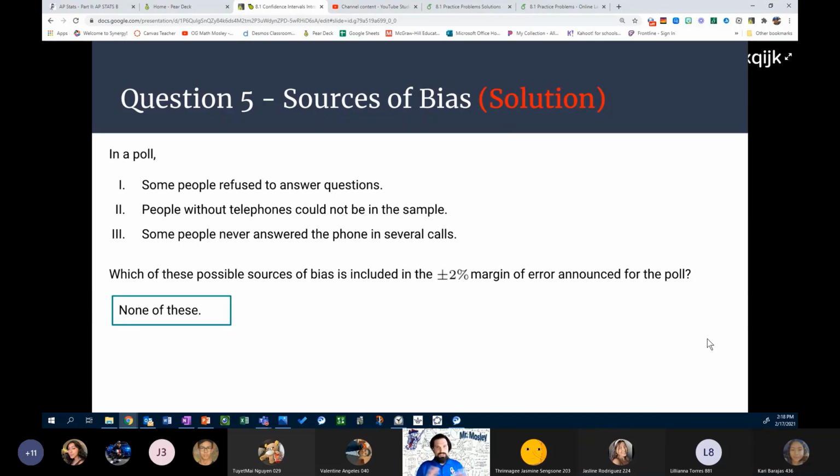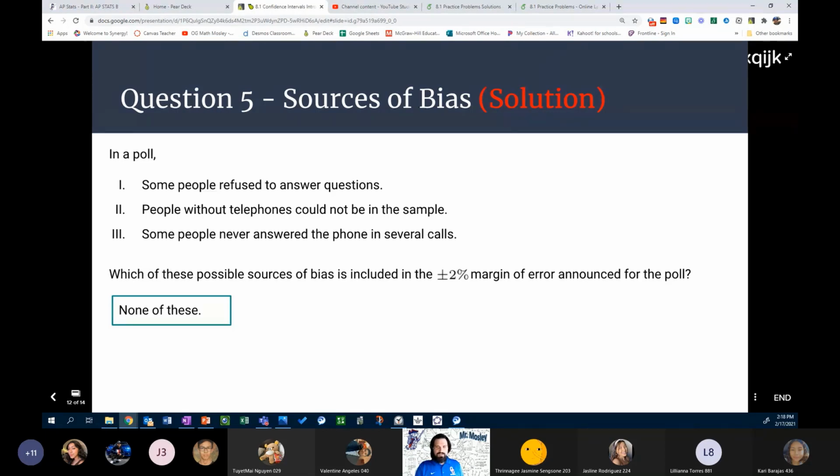It's accounted for in that margin of error, saying, hey, we could be a little bit off in this thing that we found. Which is also why you have to be really careful about polls and surveys that you see on news channels, because they're typically polling from people who they know what kind of response they're going to get. And then they say they have this margin of error, but it's a completely biased sample anyway. So, there's that. All right, we have one more question.